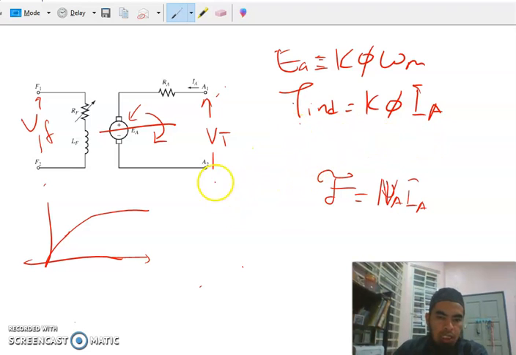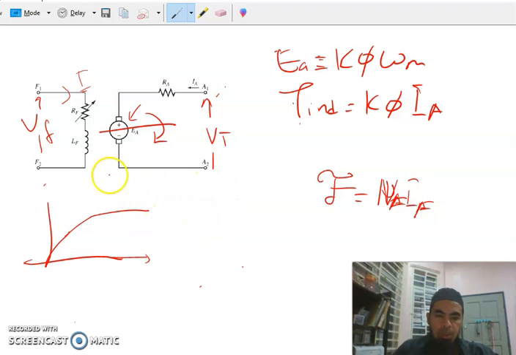And the field current in the DC machine will produce field magnetomotive force using this formula. Sorry, NF times IF, not IA. NF times IF, the current that flows into your field here, will produce MMF to the motor.